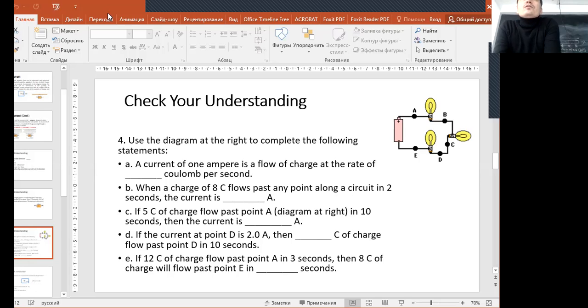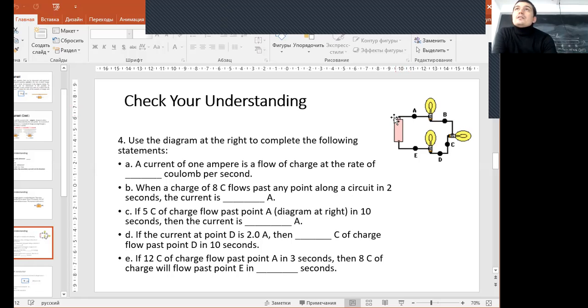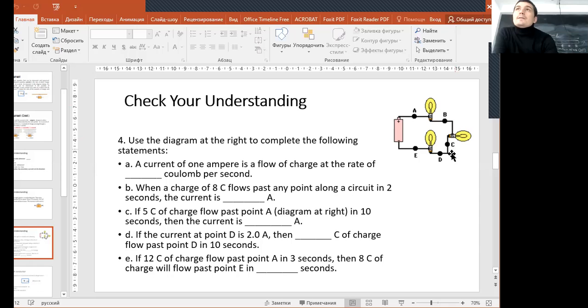If 5 coulombs of charge flow past point A, it means the current is going to move in this direction, and everywhere the current is the same: at points A, B, C, D, and E. Not changed.